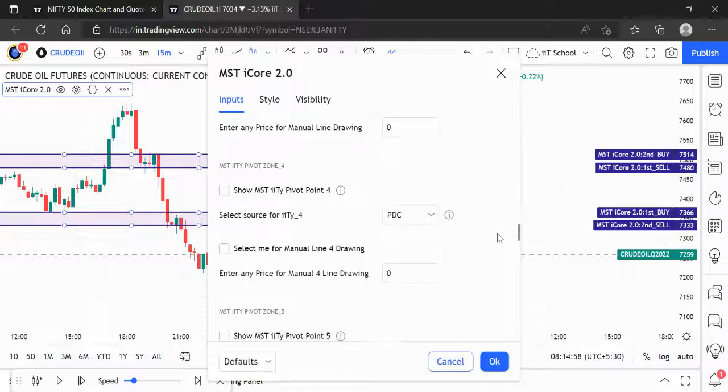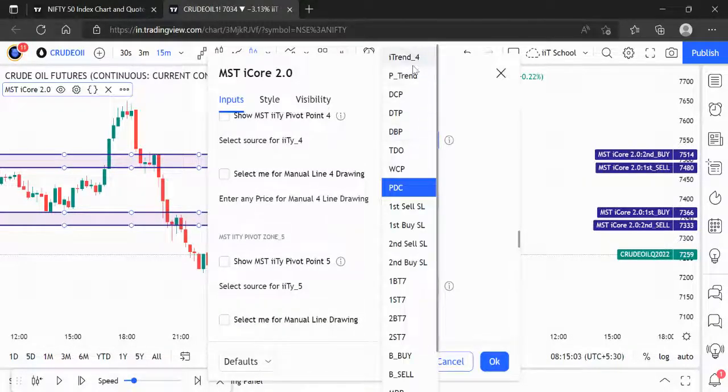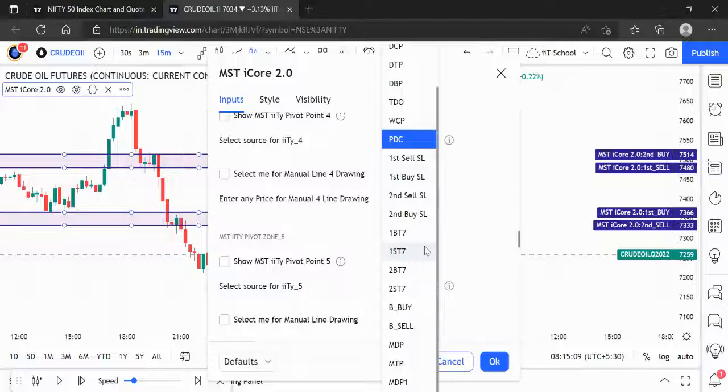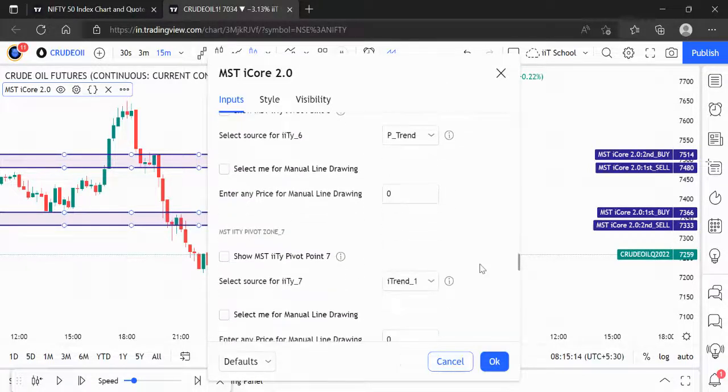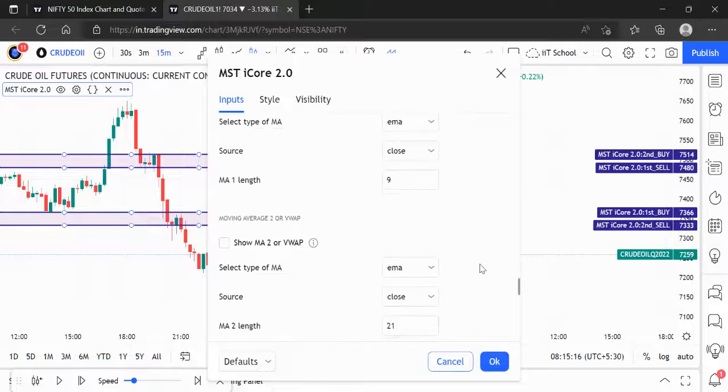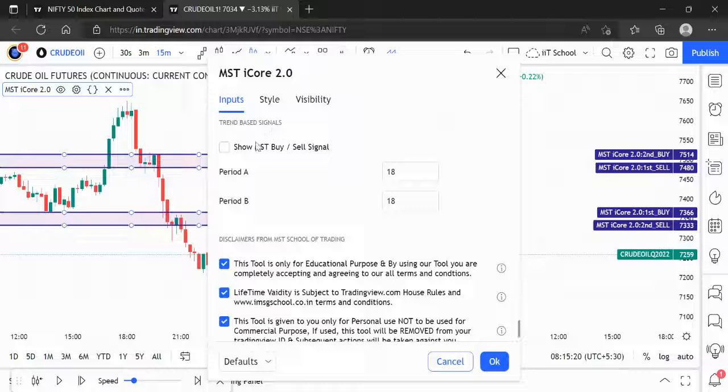Then what else do we have? We have previous day close. All the options we have given here to find the positional trend. Then first sell SL, first buy SL. So all the SL we have given. Then extra targets we have given. Then yesterday we added one more extra feature, that it will show the buy and sell signal.